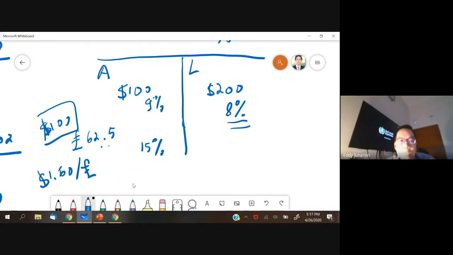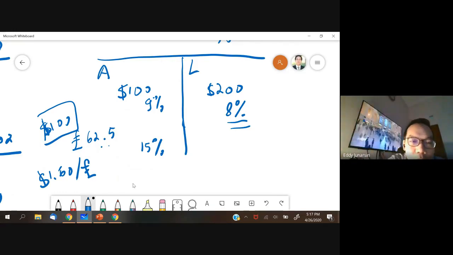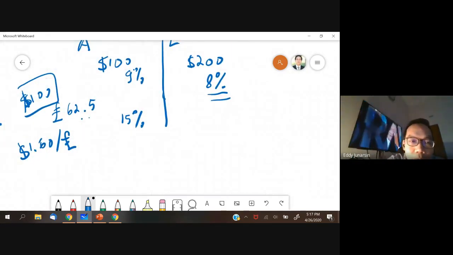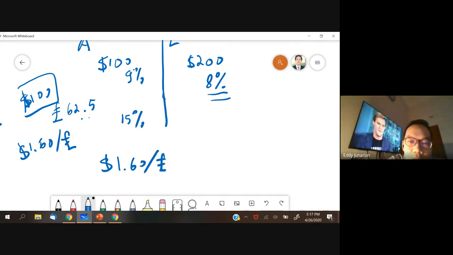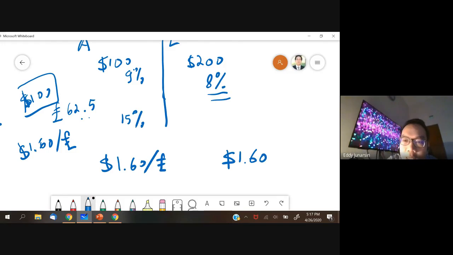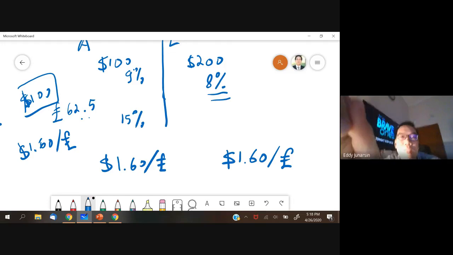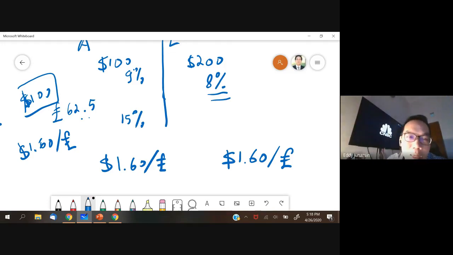Let's say 1 year later, the spot rate 1 year before was 160 per pound, and 1 year later the spot rate remains at $160 per pound. Well, this is a good scenario, very smooth and nice. So what will happen to your income and also costs?